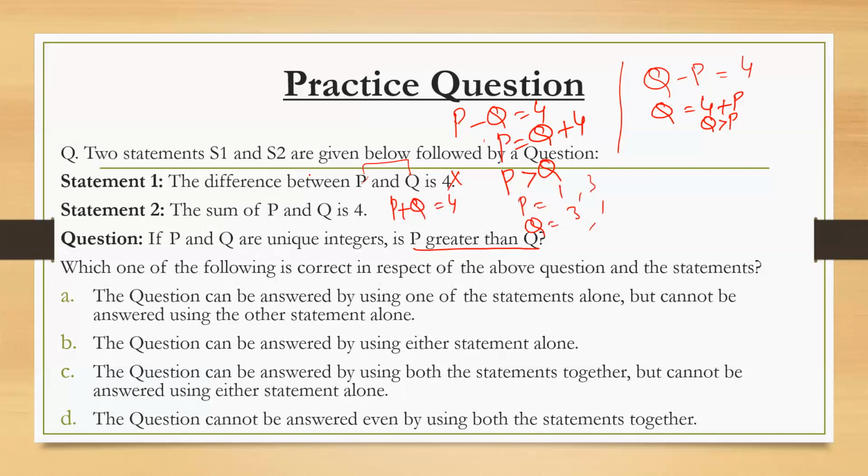Now, did you guys try combining both the statements together? Did you try that aspect? If you did not try, do it once. Then try this, because you have to consider both aspects, right?